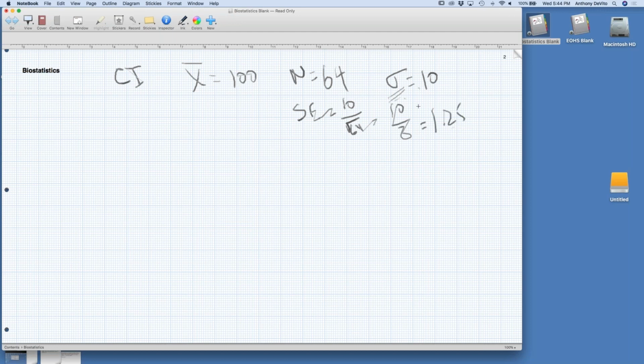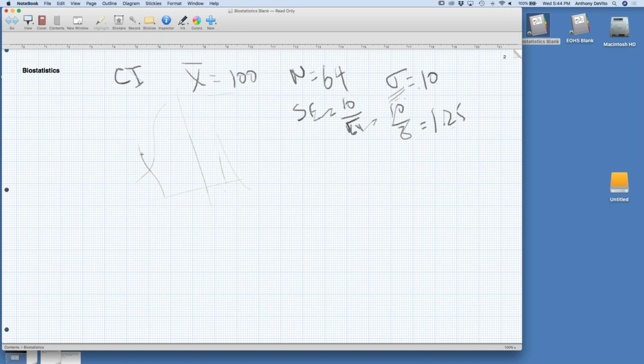So now you know that 95% of the outcomes that you would get would be 2 standard deviations below and 2 standard deviations above where you found your approximate mean.